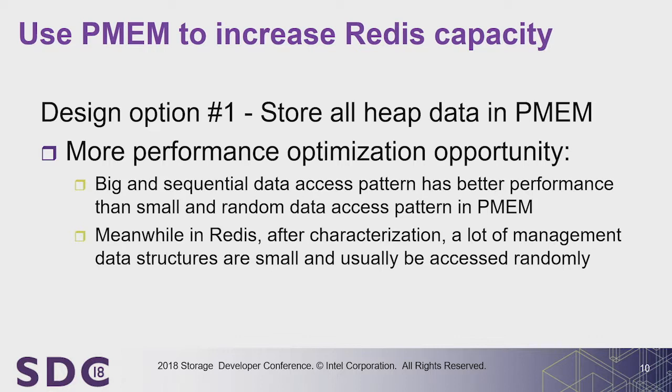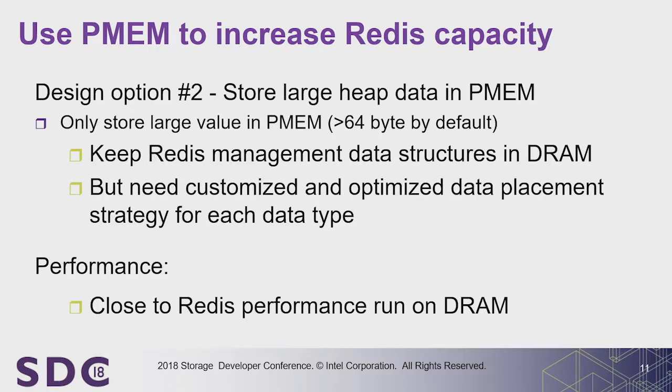Meanwhile, in Redis, we characterized the data access pattern and found a lot of the management data structures are actually very small and usually accessed randomly. So that's why we found we should have a better data management principle, right?